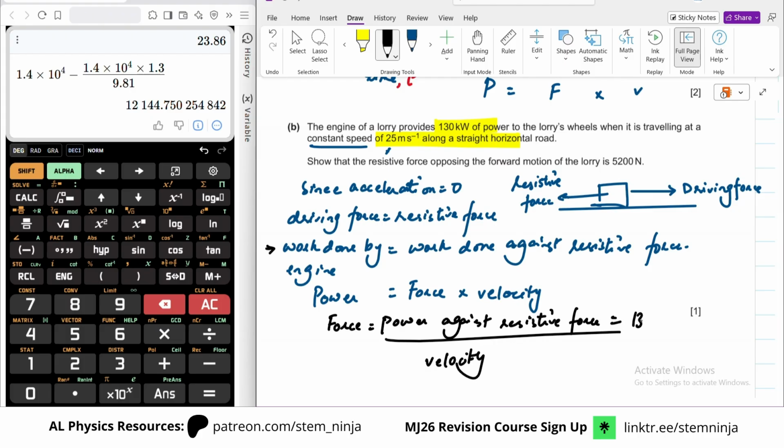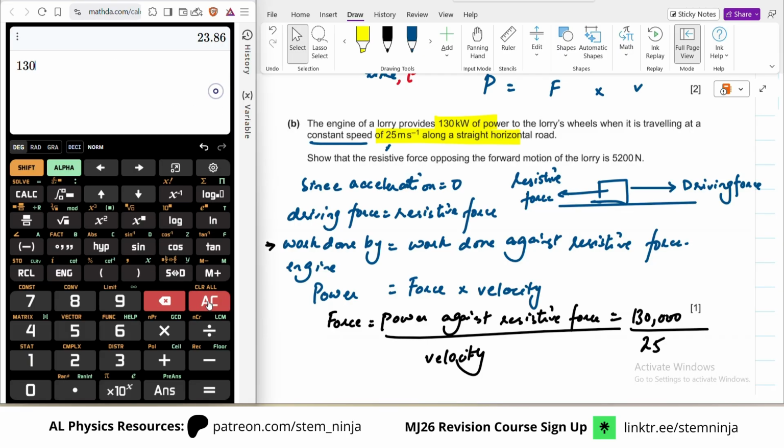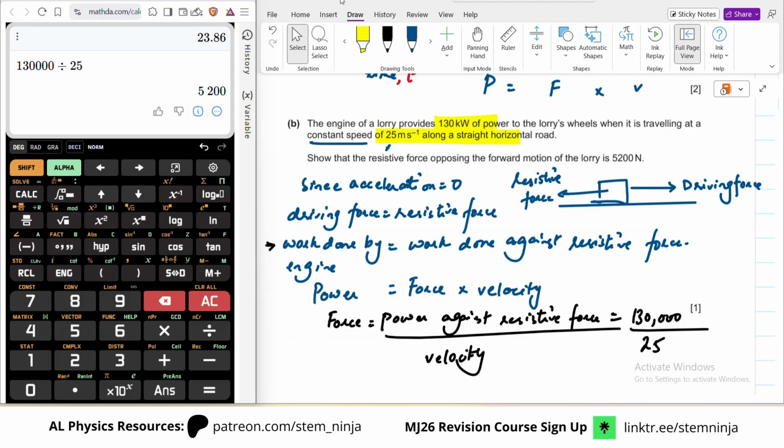So this is 130,000 divided by 25. Let's plug in the values: 130,000 divided by 25. We get 5,200.